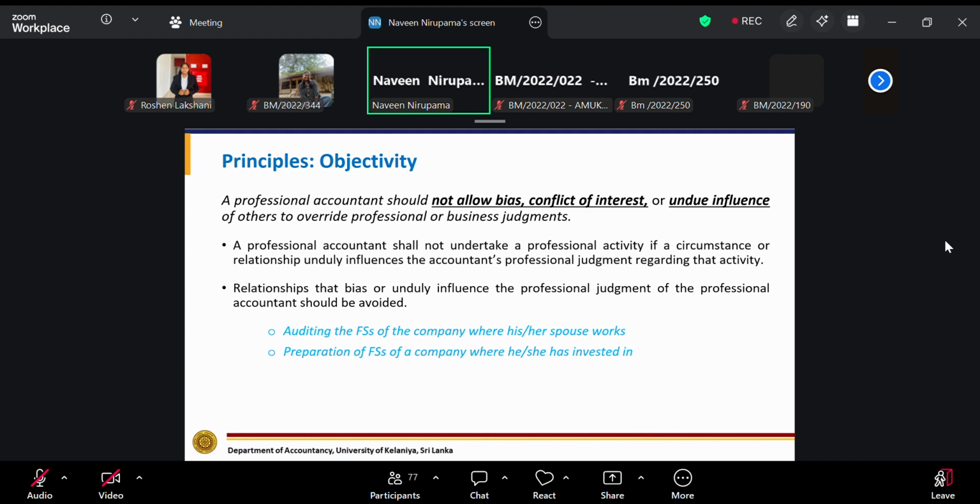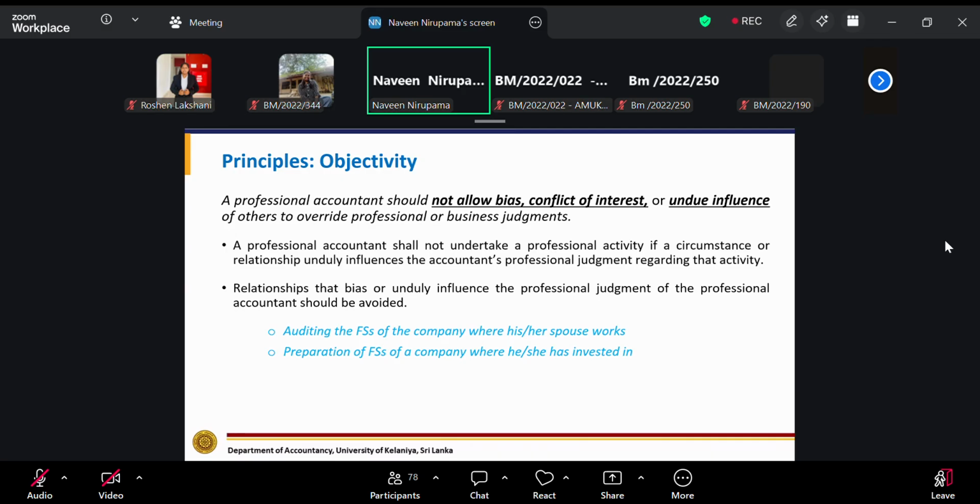Another example is the preparation of financial statements of a company where she or he has invested. I am a professional accountant, and I should align with objectivity, but I have invested some amount in shares of a PLC company.